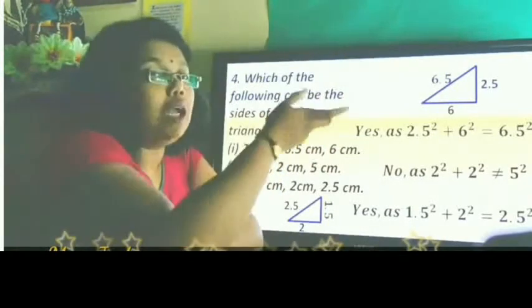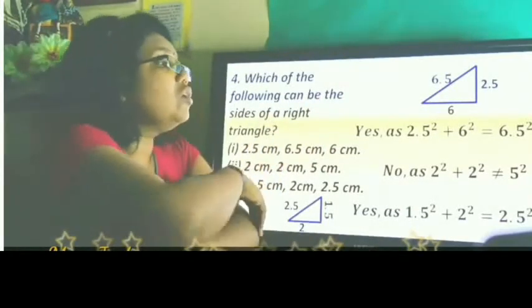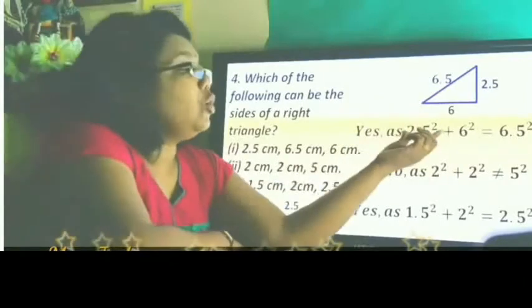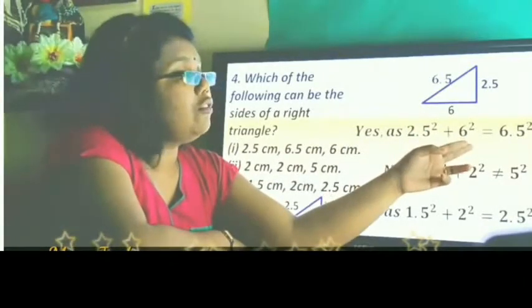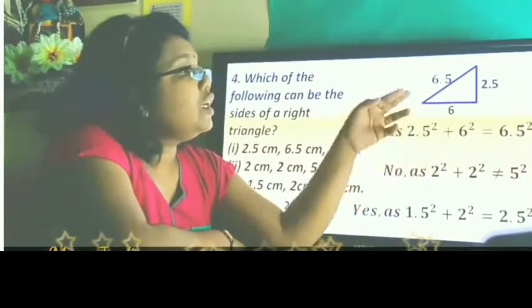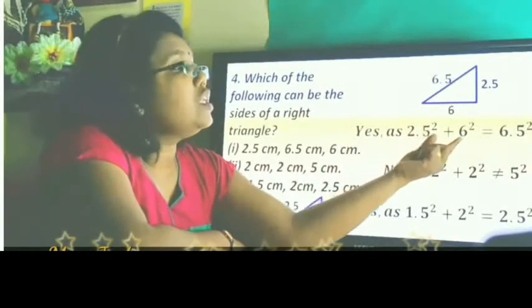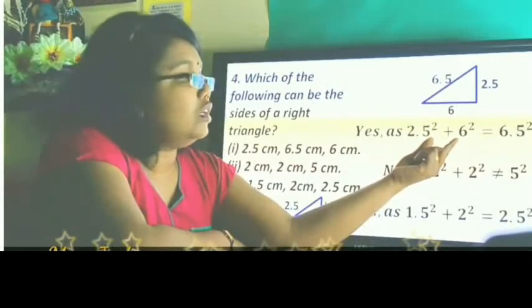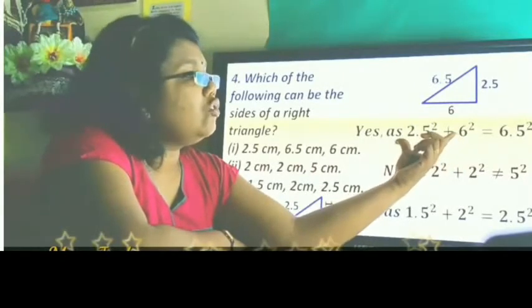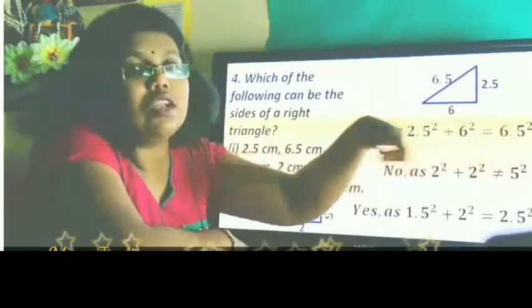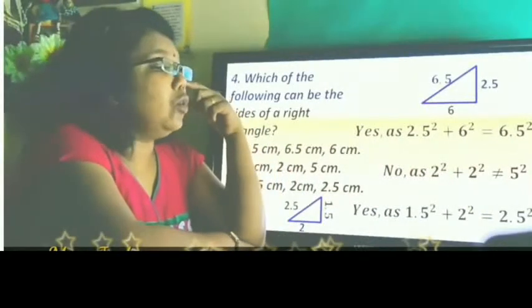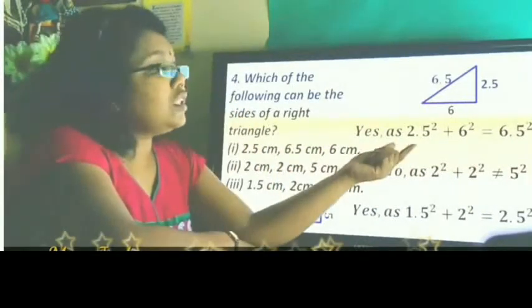So quite naturally the hypotenuse is going to be the longest side. So use the Pythagoras property. 2.5 square plus 6 square gives you 6.5 square. So this is a right angle triangle because 2.5 square is 6.25, 6 square is 36, and the addition of them both gives you 42.25, which is 6.5 square.